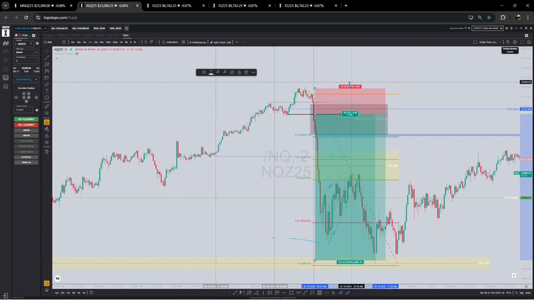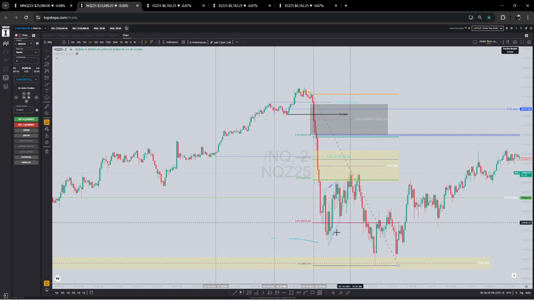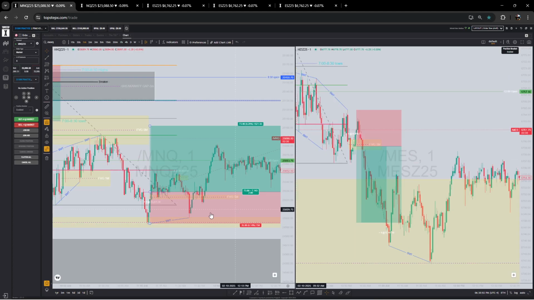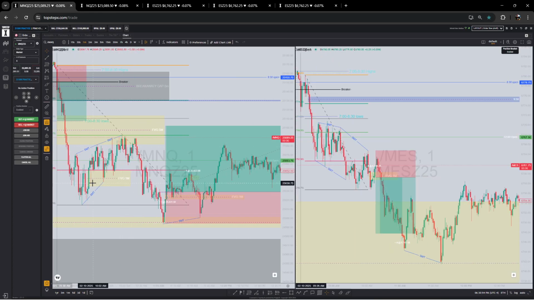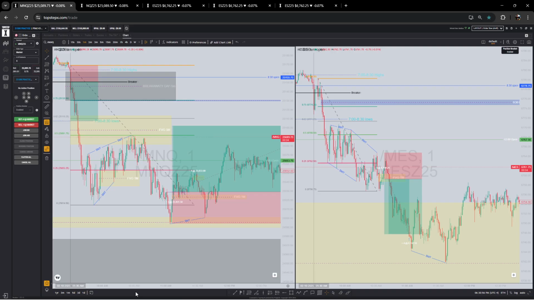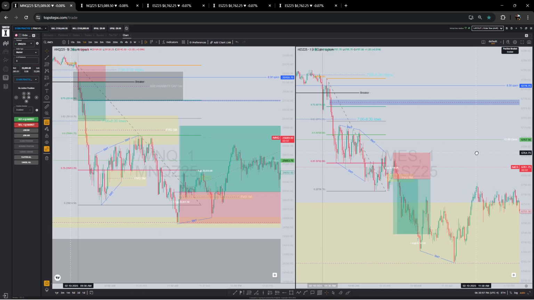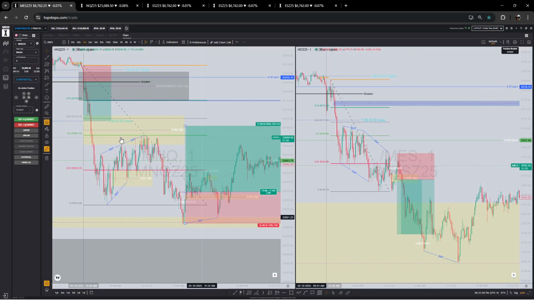But the trade with confirmation would have been this trade. After we traded down for the morning, we would have wanted to see price move to a discount of the range. Let's go. So we have both charts side by side. We have NQ on my left, ES on my right.